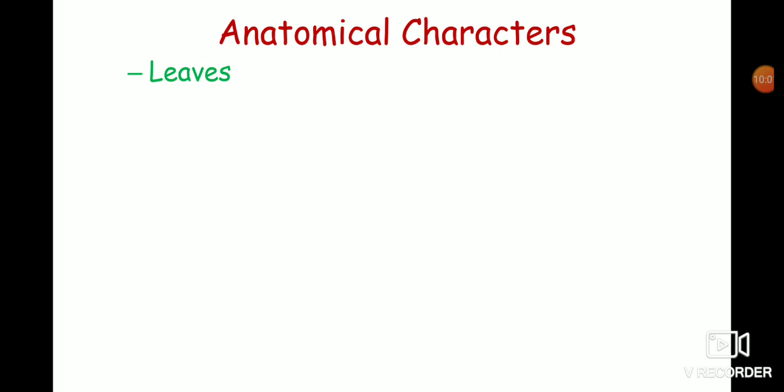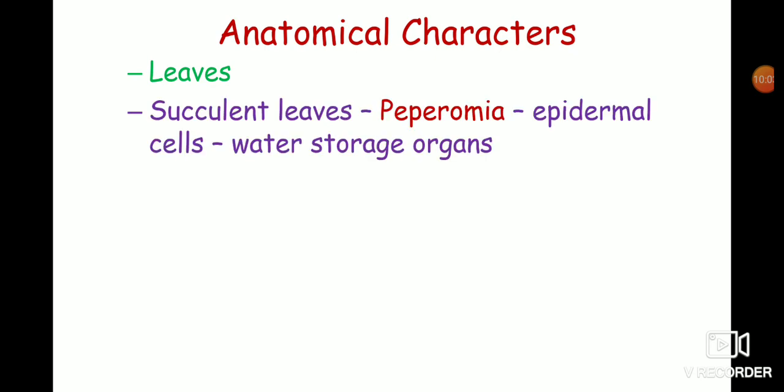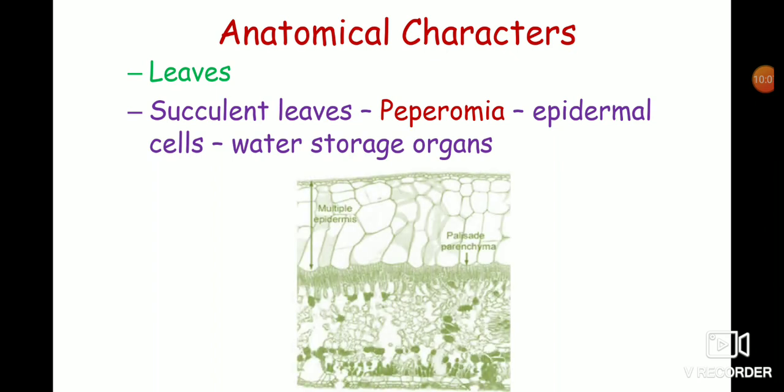Coming to the anatomical characters of leaf. In succulent leaves of some xerophytes, such as Peperomia, epidermal cells of the leaf serve as water storage organs. So you can see here the epidermis stores the water in Peperomia.